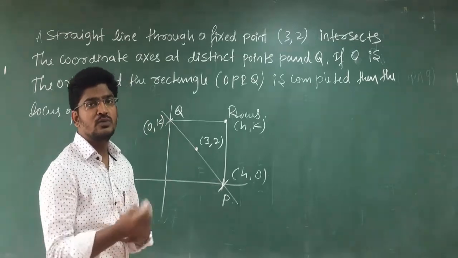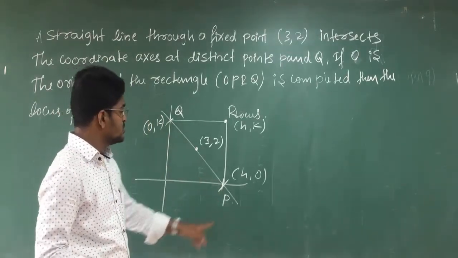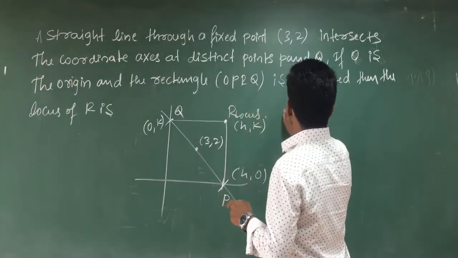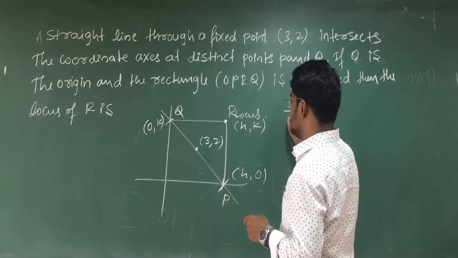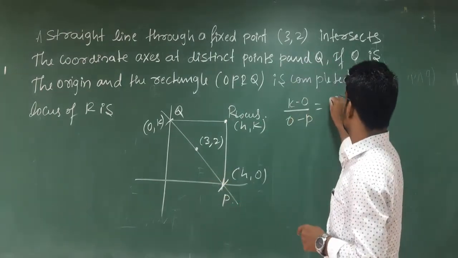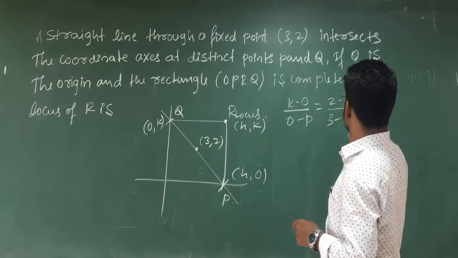As you all know, the slope will be equal at any point on this line. First I will take these two points, that is (k minus 0) divided by (0 minus h). Next I will take these two points, that is (2 minus 0) divided by (3 minus h).